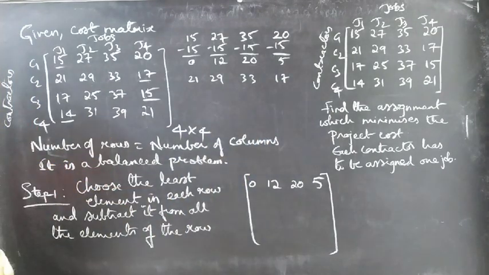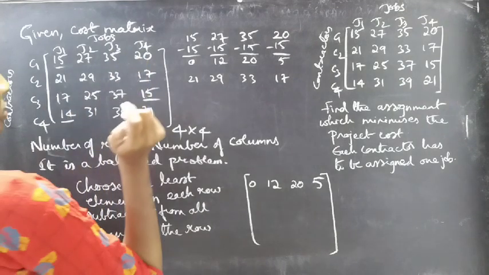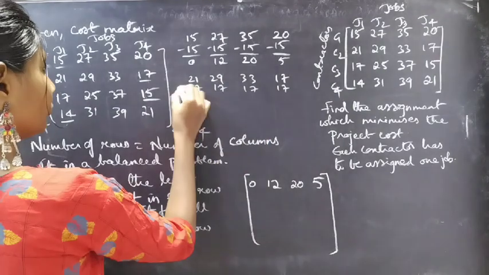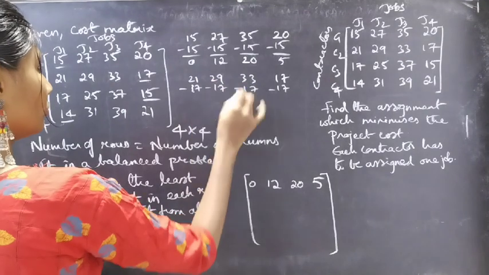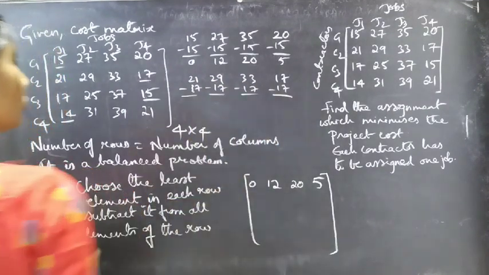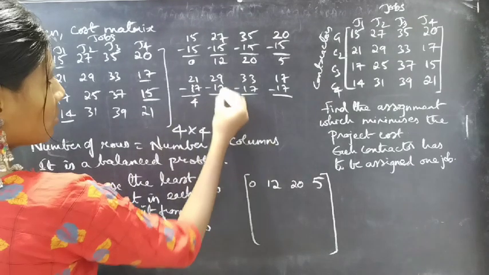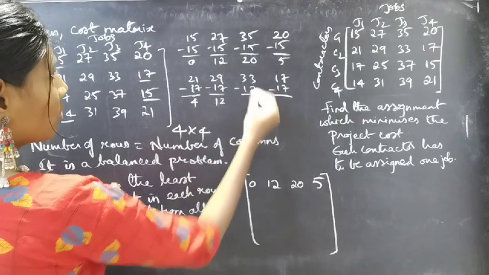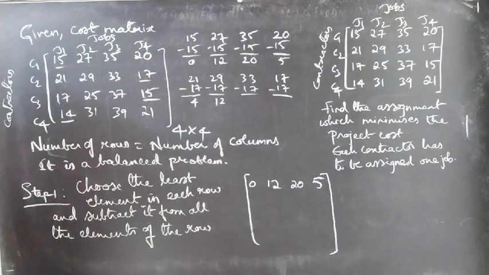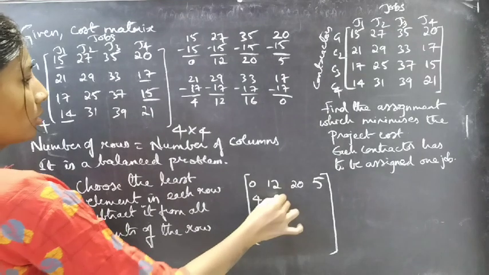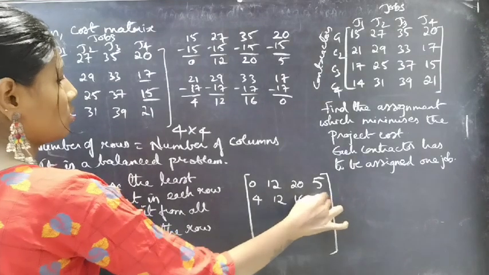Here the least element is 17, so we have to subtract 17 from all these 4 entries. 21 minus 17 is 4, 29 minus 17 is 12, 33 minus 17 is 16, 17 minus 17 is 0, so you'll get 4, 12, 16, 0 in the second row.